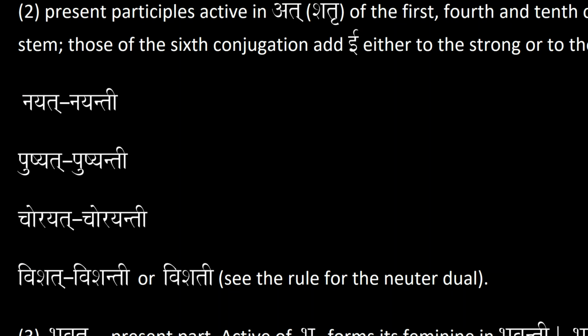So first, nayat is the present participle active. Then you would take the strong stem, which is nayant, and then add the long e to make it nayanti for the feminine. After you have nayanti, then you would decline it like nadi. Okay?